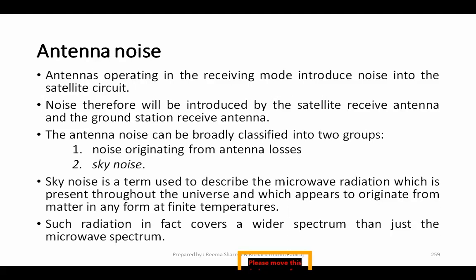We do not want any noise to be associated with our communication, so what we will do is try to nullify this noise. Before nullifying the noise, we should identify what noises are involved, which is hampering our communication system. So noise will be introduced by the satellite receiving antenna and the ground station.